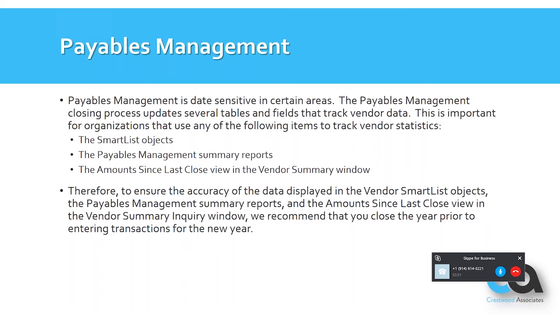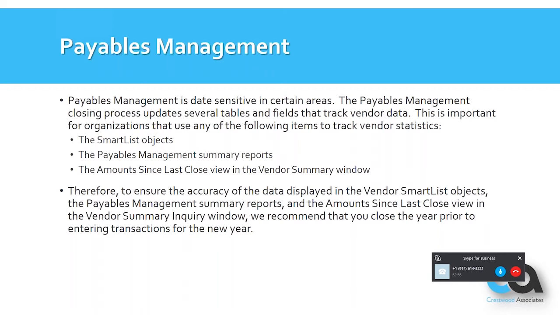So a couple of things I just want to mention. There's no new functionality in 2018 that affects the actual year-end processing. There's no changes to the most popular 1099 form, which is the 1099-MISC for miscellaneous box numbers. There's no changes to that form.